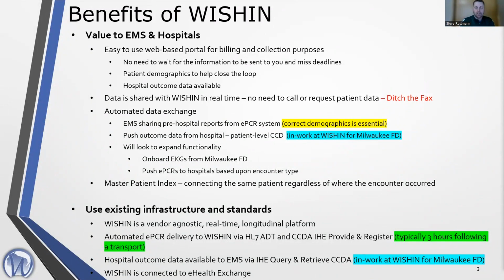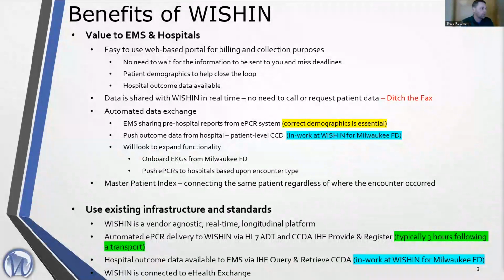And then when there's an EPCR available for a visit, once that visit closes and there's a CCDA available in Epic or Cerner or Meditech, we can take that CCDA and push it back to the fire department, that they can then subsequently ingest. And that's using the IHE query and retrieve protocols.